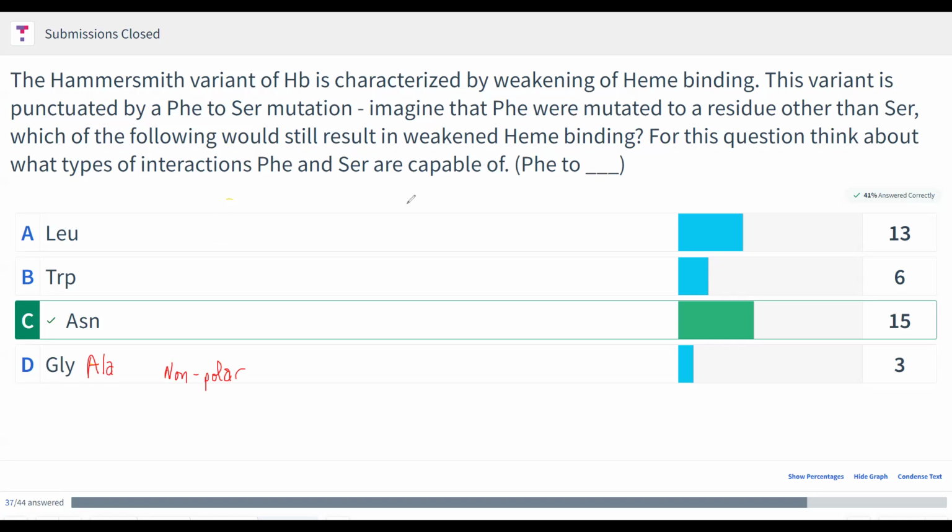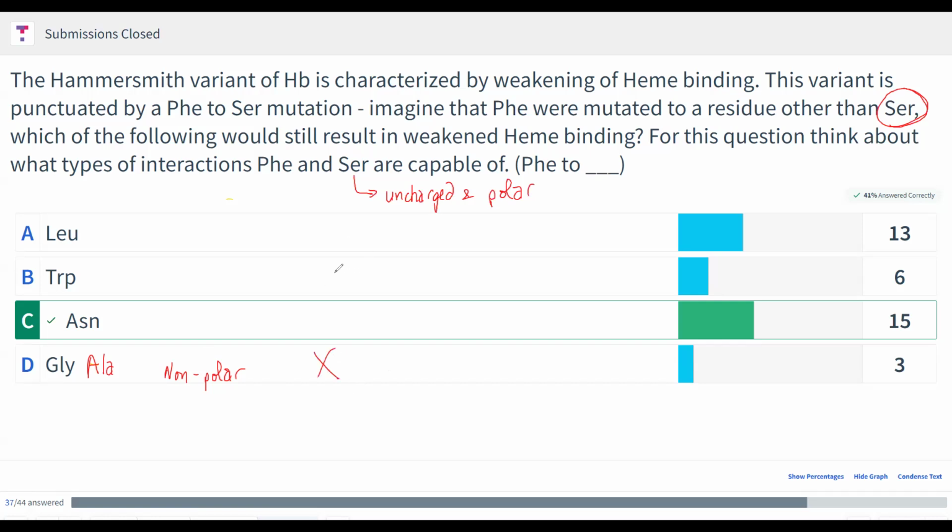So what we're looking for is something that has a similar chemical property as serine. So what we need to know in order to answer this question is, what is serine? Serine is an uncharged and polar residue. So that's going to eliminate glycine as a good answer option.